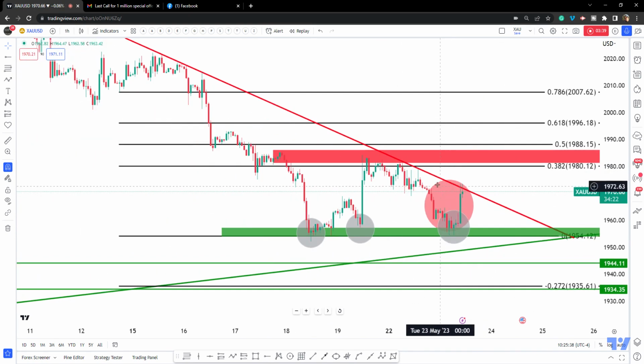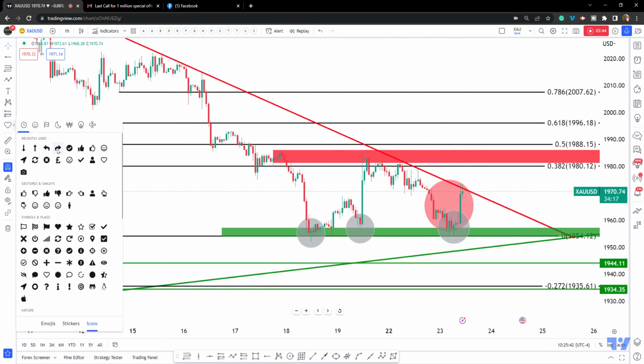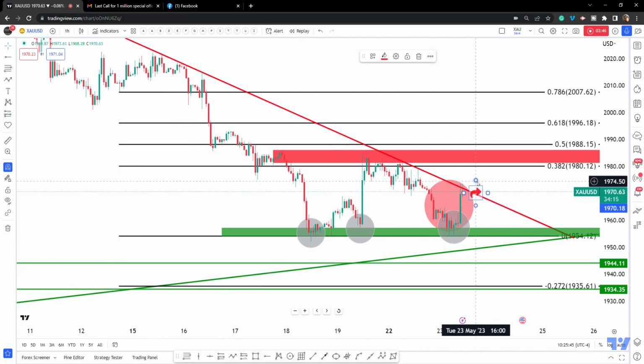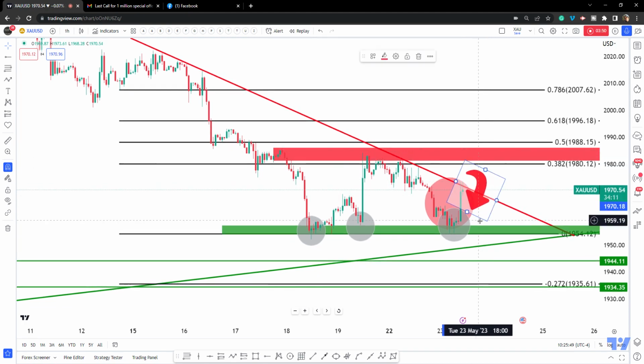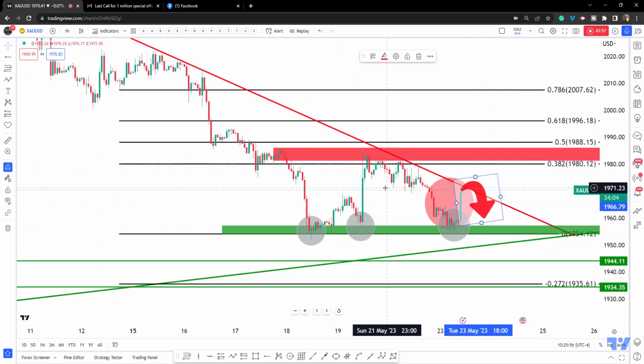If the trendline support were to hold, then we're going to come down and fill that wick and continue lower. And lower still.